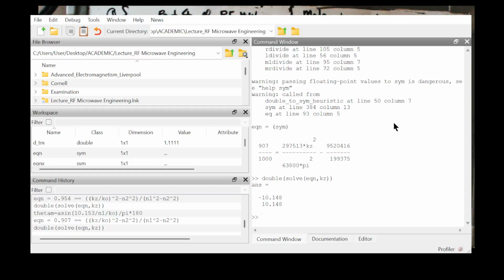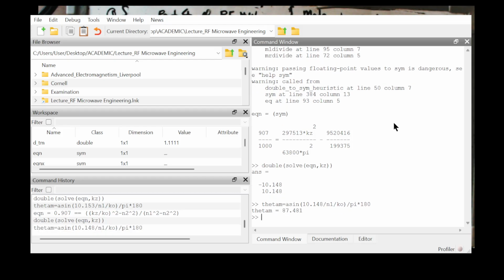The value of k is 10.148. So this is mode 2. And then I need to work out the value of theta. So I need to change it for A. And then, so it's 87.48 degrees.